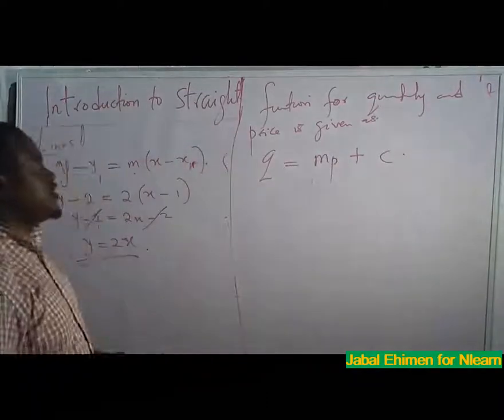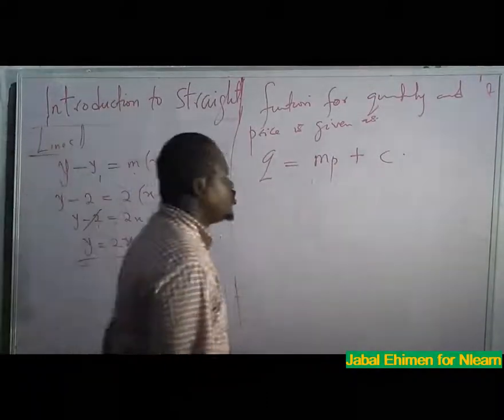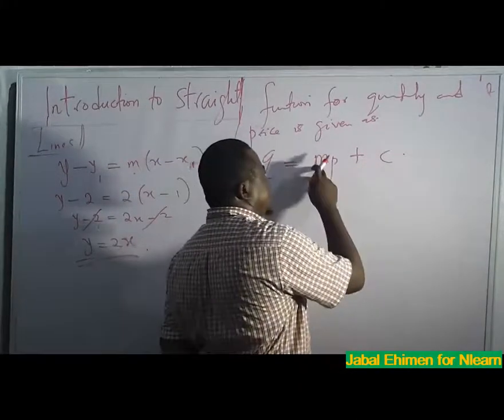So the first thing you need to do is to find the intercept and m.